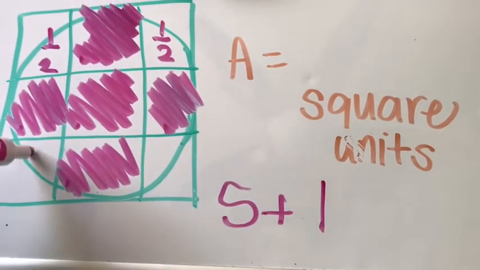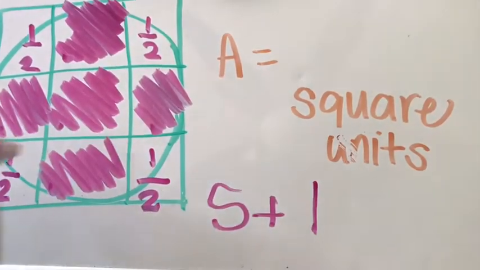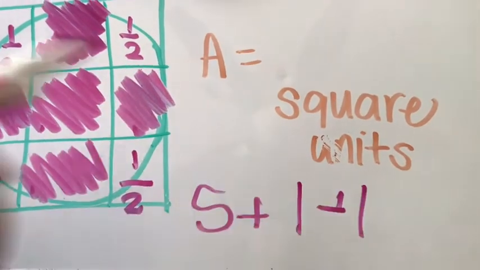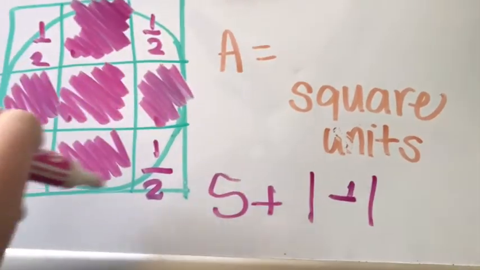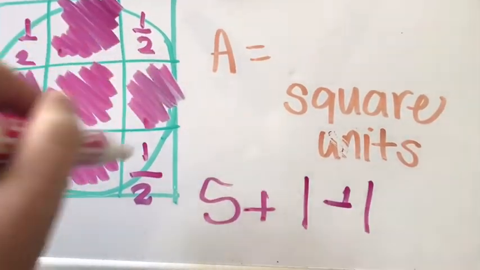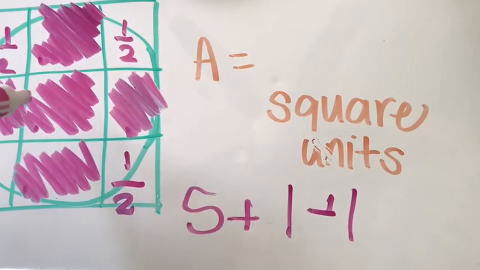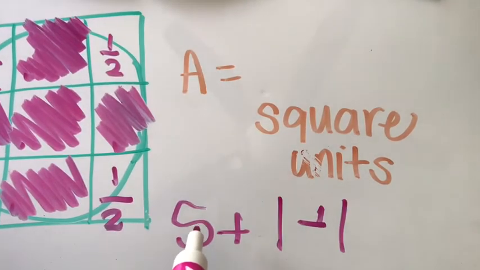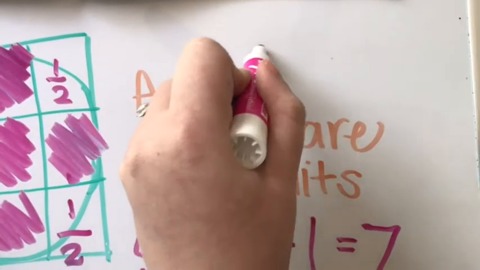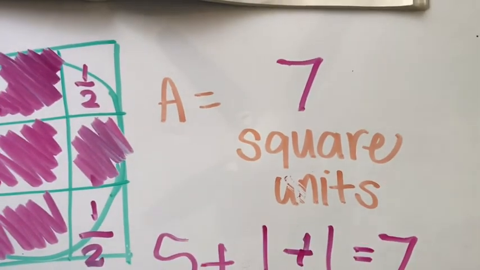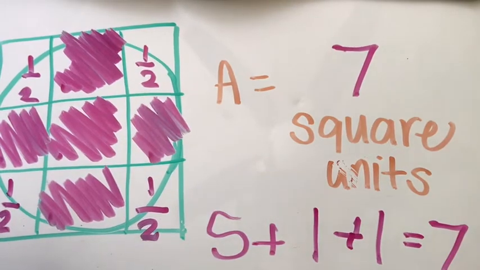And then we had another half over here, then another half over here, and we know that 2 halves is a whole. And so my total boxes, or my estimate of the area of this circular shape, I would say is 5, 6, 7, would be 7 square units. This is an estimate to find out the area of this irregular shape.